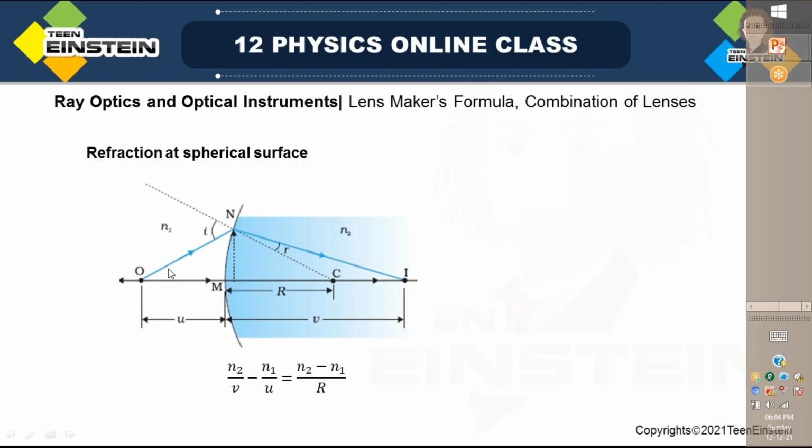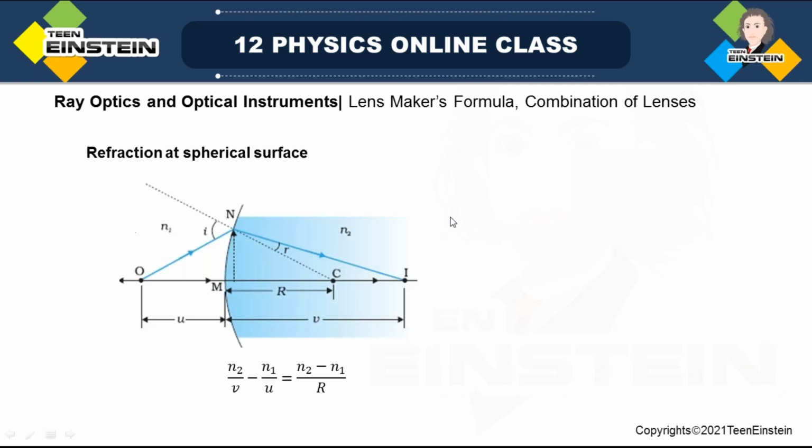When light refracts from one medium to another, in this case we have taken that the light is refracting from rarer medium to denser medium. So n2 is greater than n1. This medium is the denser medium, and this was the rarer medium.